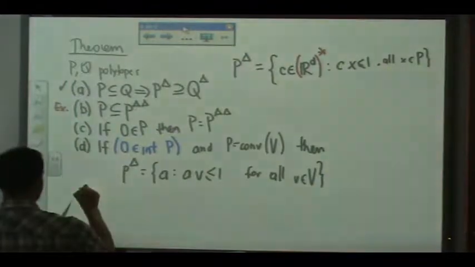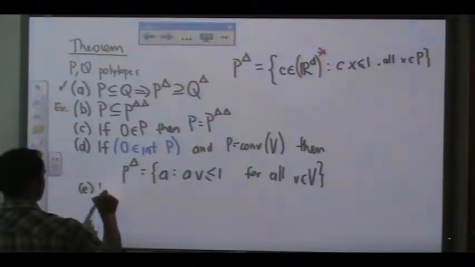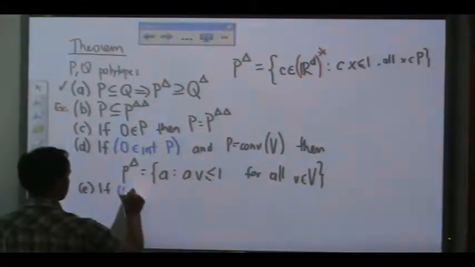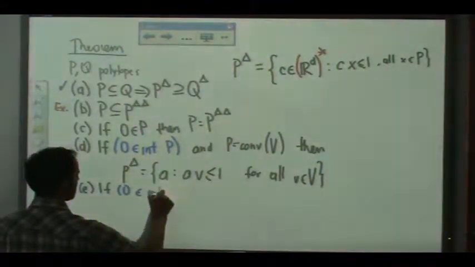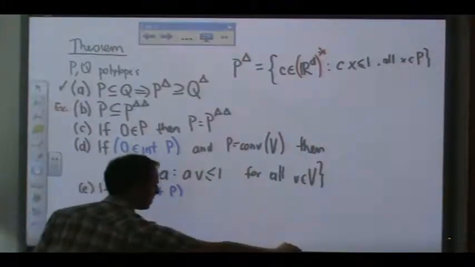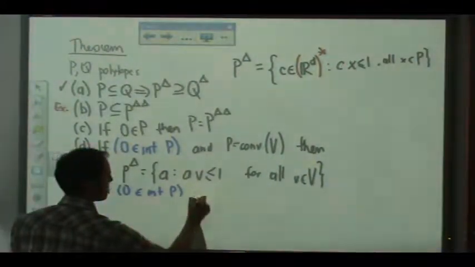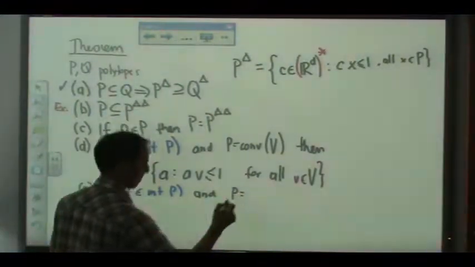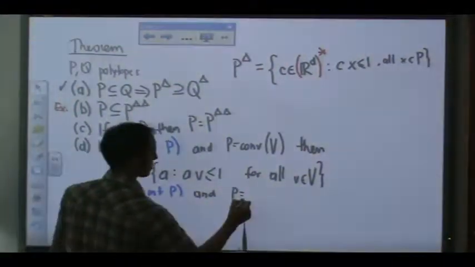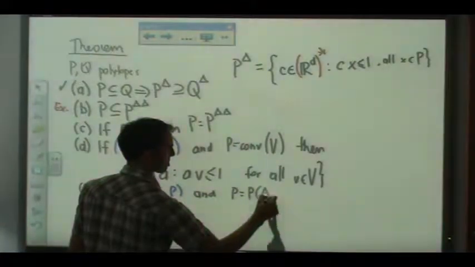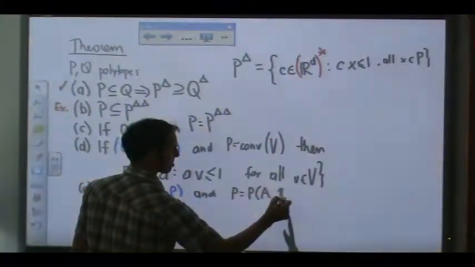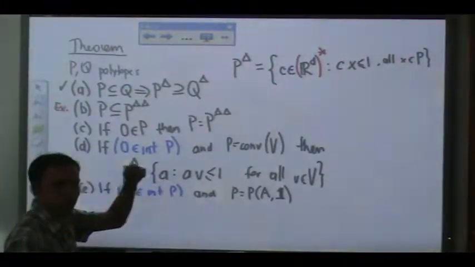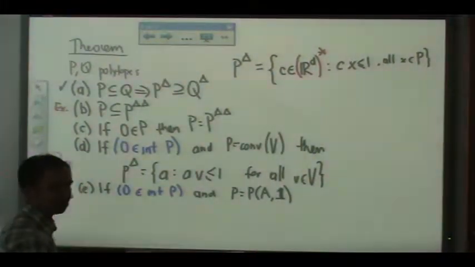Okay, and then finally, if, and again, the book has this, but I don't think you need this. So remember what this means is that the inequalities are given by Ax less than or equal to 1.